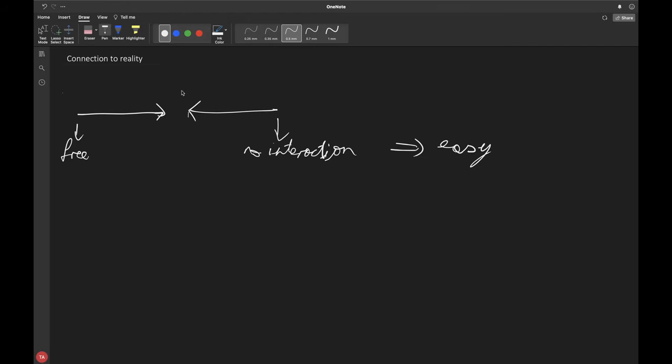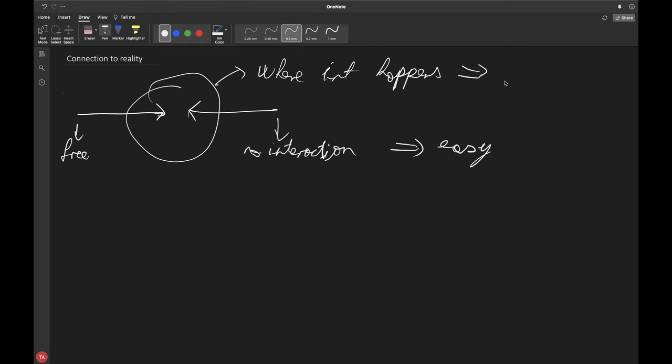But what's interesting is this part. So this is where the interaction happens. And that's hard to solve. And we are looking for a recipe on how to actually solve this part.